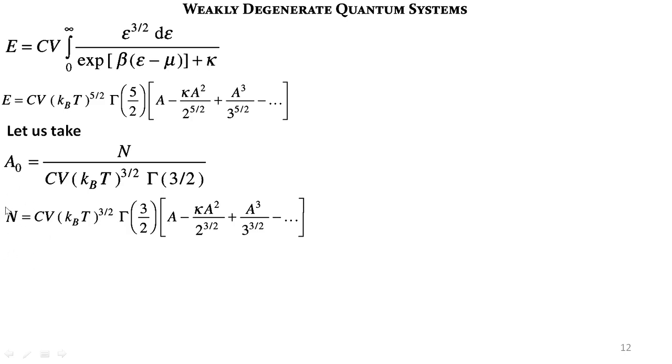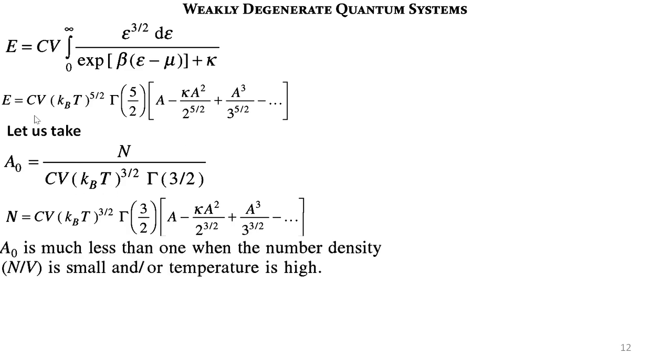This is something like a reference for our fugacity or degeneracy, A naught. Now let us talk about this A naught somewhat more, its physical meaning and all. To see a further interpretation of A naught, let us look at this factor in more detail.